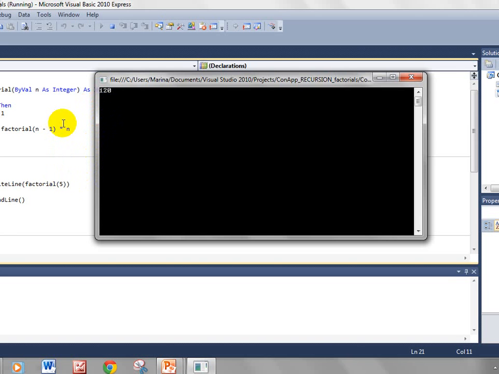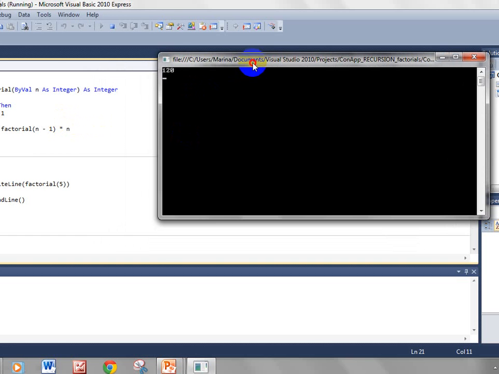The previous number was 4, so it's 4 minus 1, which is 3. 3 times 20 is 60, and then 2 times 60 is 120, and then 1 times 120 is 120. So a typical example of a stack is a function which is recursive.